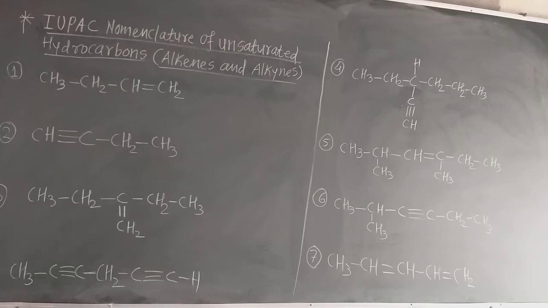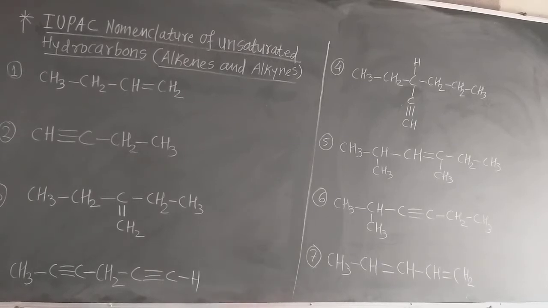In the last lecture, we already learned how IUPAC names are given to the saturated hydrocarbon, that is alkane, in which there are only single bonds between the carbon-carbon atoms.